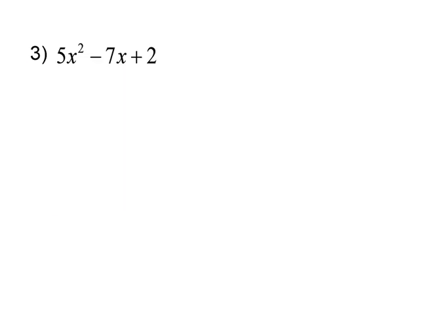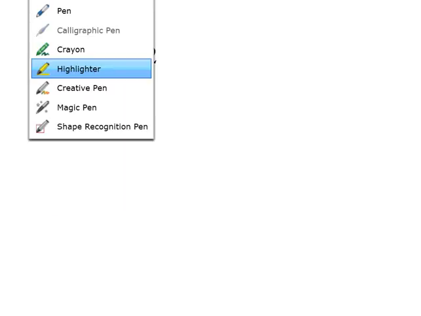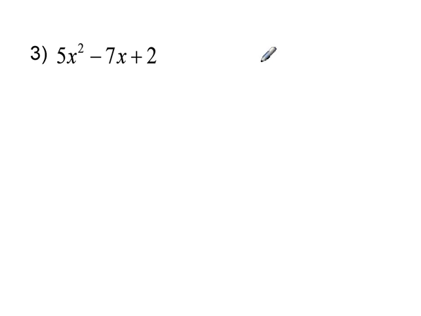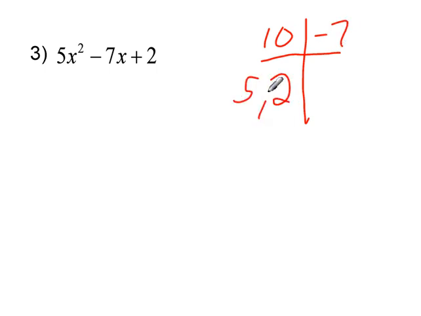Problem 3. A times c is 10. I need factors of 10 whose sum is negative 7. 5 and 2, negative 5 and negative 2, multiply to positive 10 and add to negative 7. First times first is 5x times x.